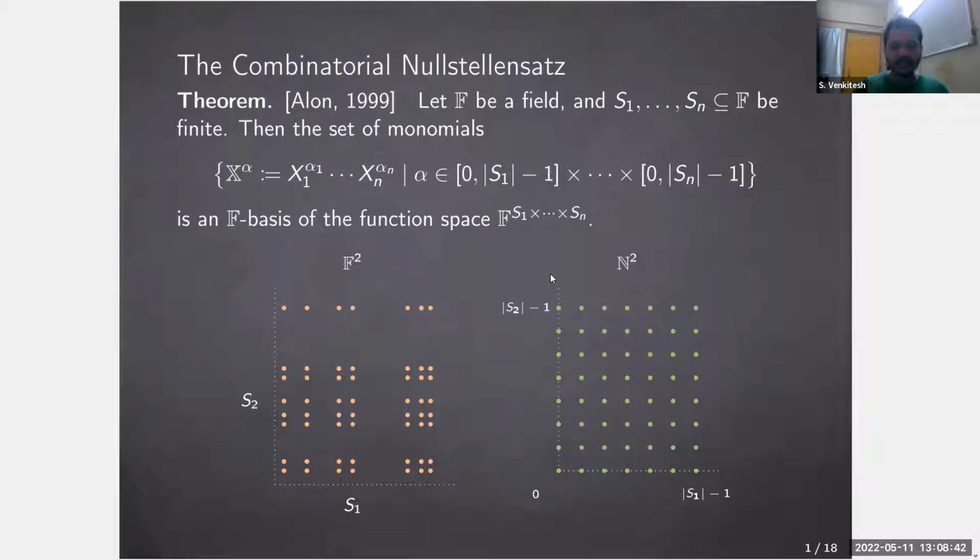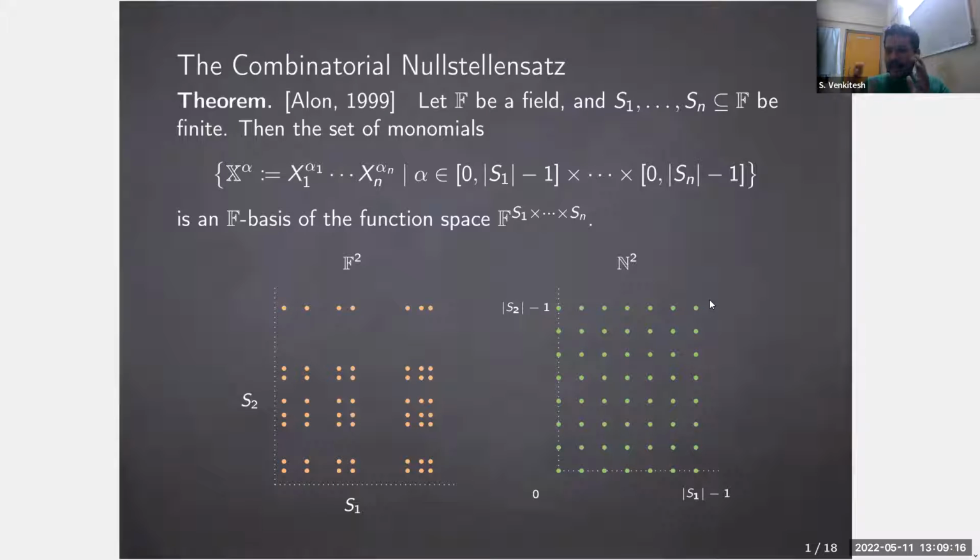All right. So just to quickly once again recap what this says. In 2 variables, let's say S1 cross S2 is a product set in F cross F, where F is some field. What the Nullstellensatz says is, it really doesn't matter what S1 and S2 are. Simply take the finite sets 0 to mod S1 minus 1 in the x-axis and 0 to mod S2 minus 1 in the y-axis over the non-negative integers.